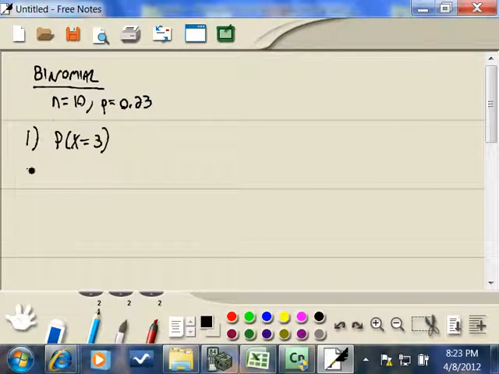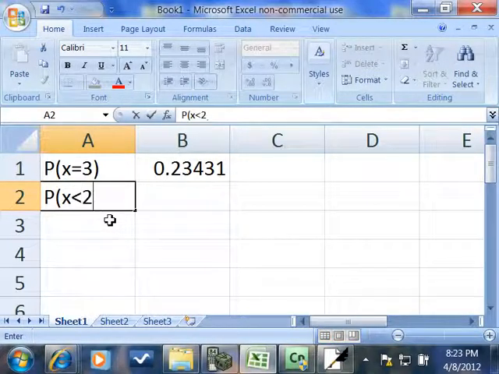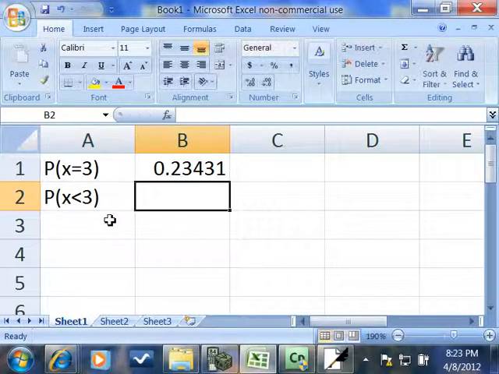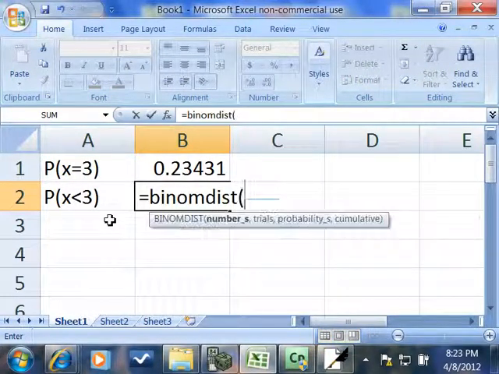Now our next one is when it's of the form x is less than 3. Well, if you think about what that means, x is equal to 0, 1, 2. So it ends with 2. So when we go to put this one in, x is less than 3, then we're going to do equals binom distribution.